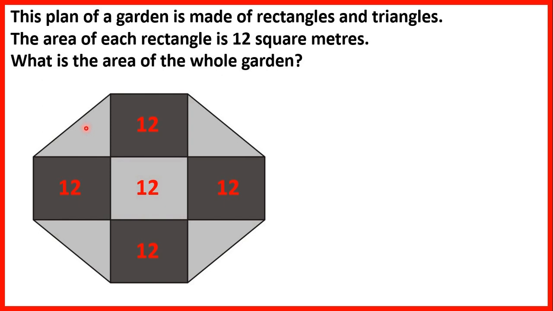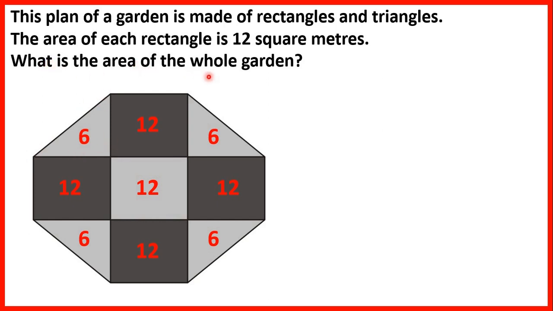And here we need to spot that the area of a triangle, so remember the area is how much space a shape takes up, will be half the area of the rectangles, because if we split a rectangle in half, we get something the same size as these triangles, and half of 12 is 6, so the area of the triangles will be 6.